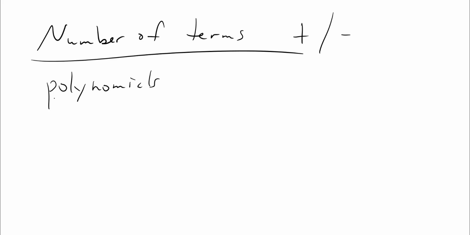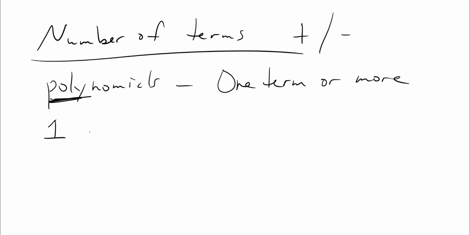If you guys know what poly means, many, but actually a polynomial is one term or more. One term or more. That's a polynomial. So we have a special name. So if you actually have one term, which is like me saying 5x squared. Okay, we say that's a monomial.